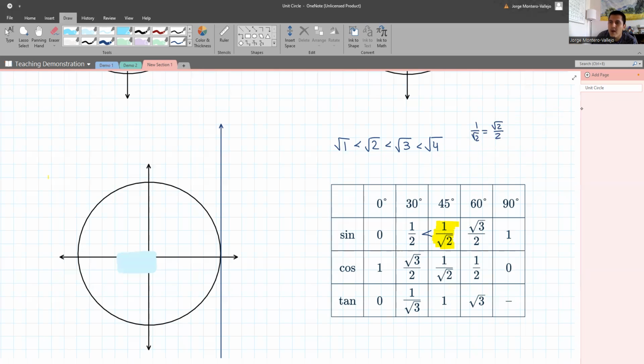Why is this easier? Because all that we change is the number under the square root, which is just the number 2 here. If we increase it by 1, turning it into the square root of 3, then of course we are generating a bigger number. So this has to be less than the square root of 3 divided by 2, right?